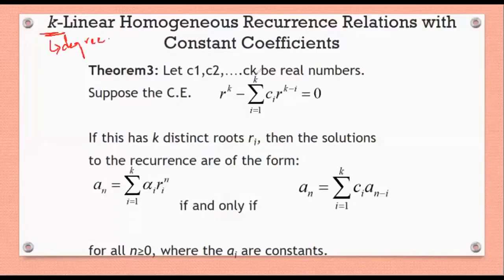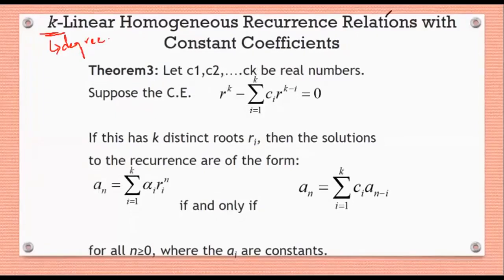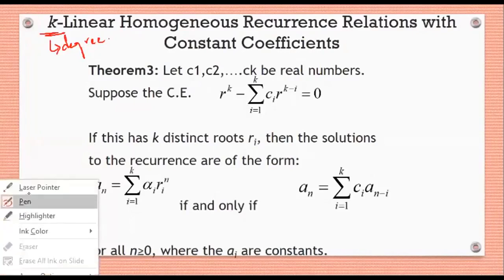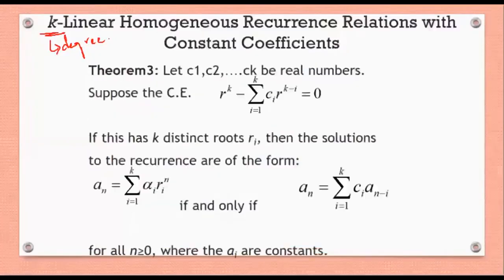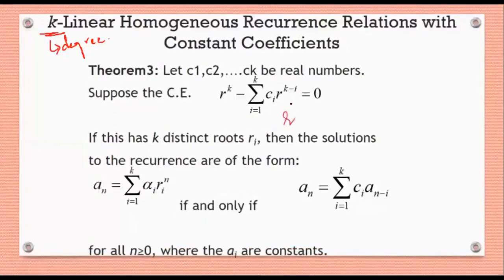Let C1, C2, up to Ck be real numbers and suppose that our characteristic equation is r power k minus the sum from i equal to 1 to k of Ci r power k minus i, or it can also be written in this form: r power k minus C1 r power k minus 1 minus C2 r power k minus 2 and so on up to minus Ck is equal to 0.